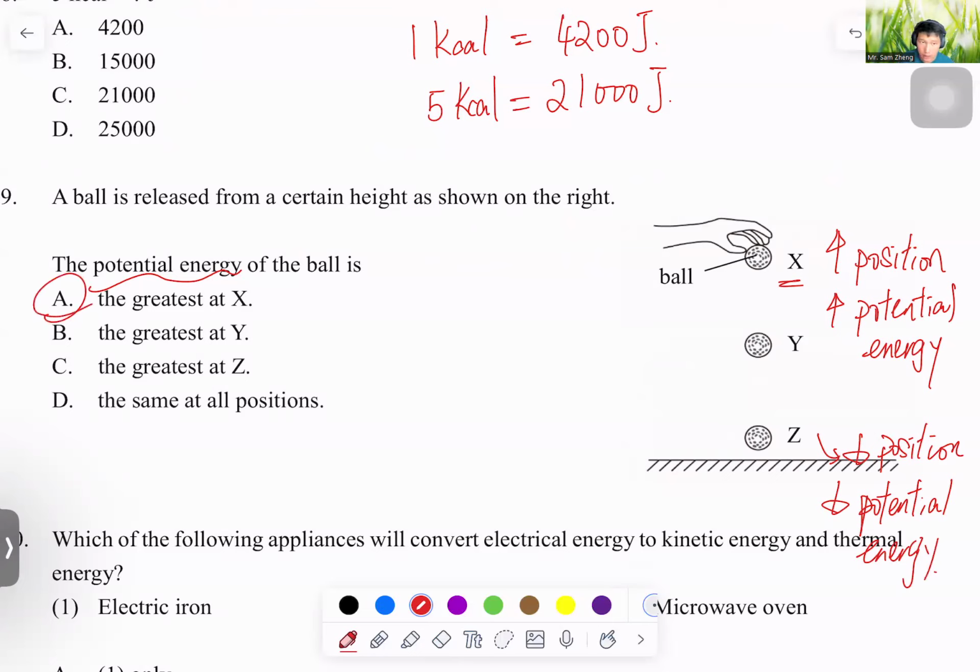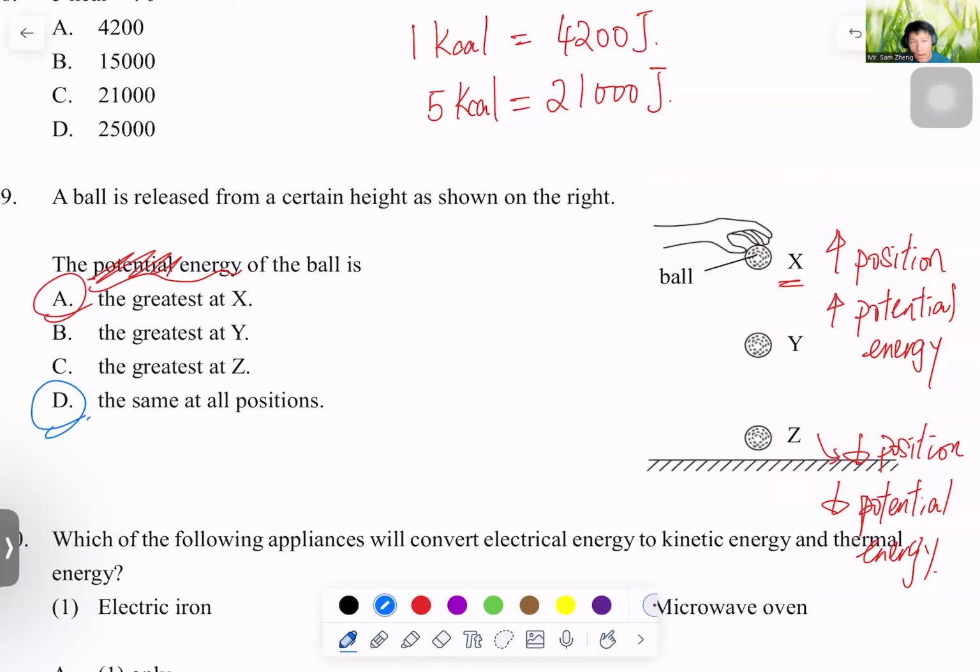But in the test or in the exam, maybe the questions may ask you about the energy of the ball. If we ask about the energy of the ball, in fact, the total amount of energy of the ball, no matter whether it is in position X, Y, or Z, is the same.